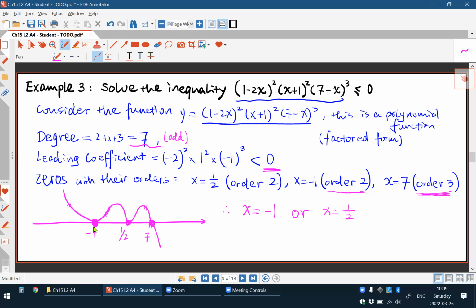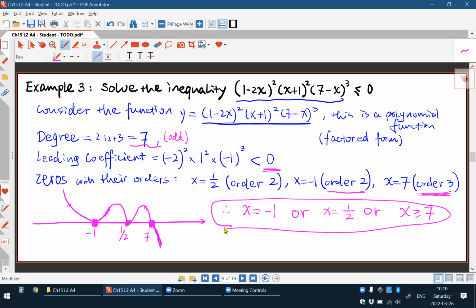So this point is okay, this point is okay, and from this point on to the positive infinity, that also makes this function equal to or less than 0, right? That means x can also be greater than or equal to 7, right? So this is our solution.